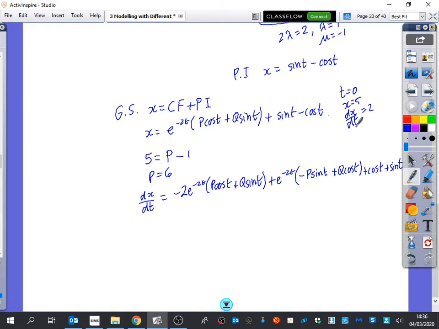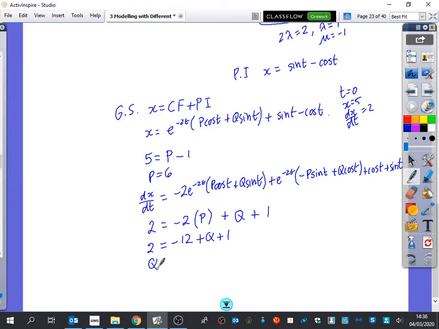And we know that dx/dt is 2. So 2 equals minus 2 multiplied by p plus q, plus 1. And p is 6. So you get 2 equals minus 12 plus q plus 1.